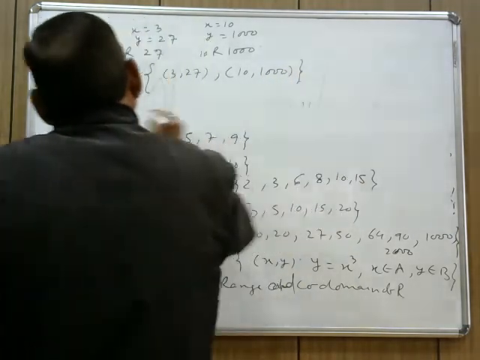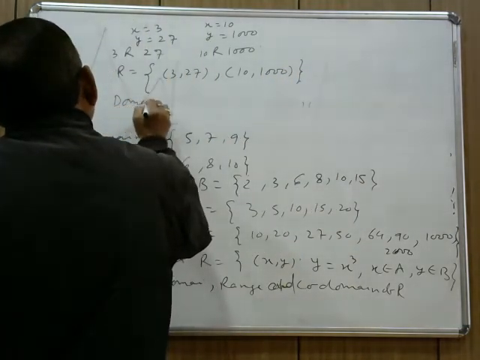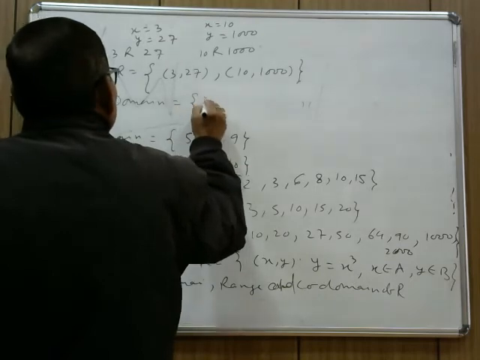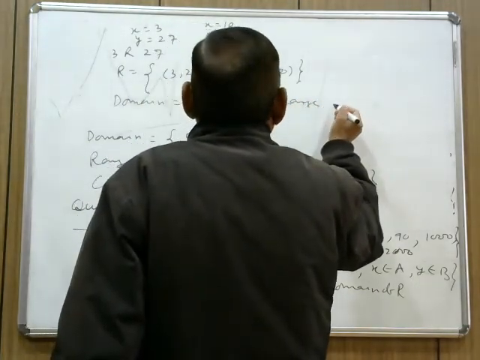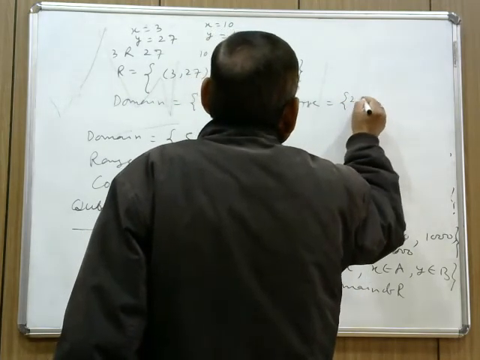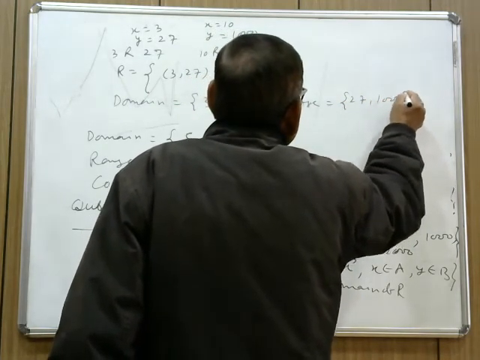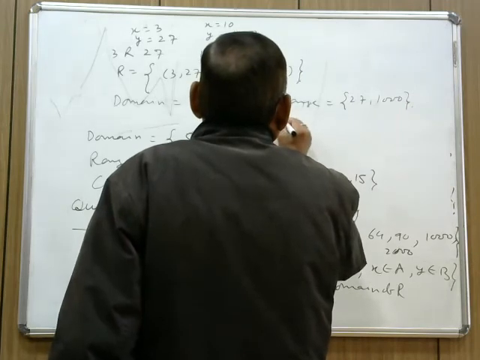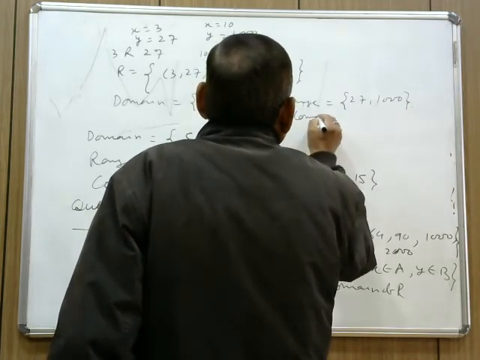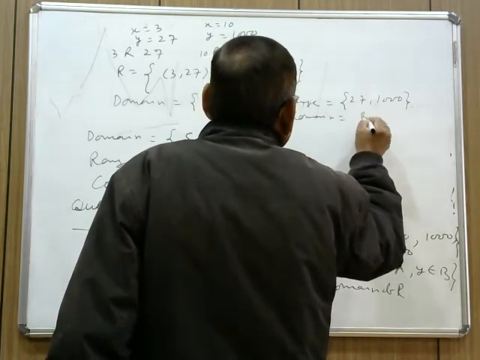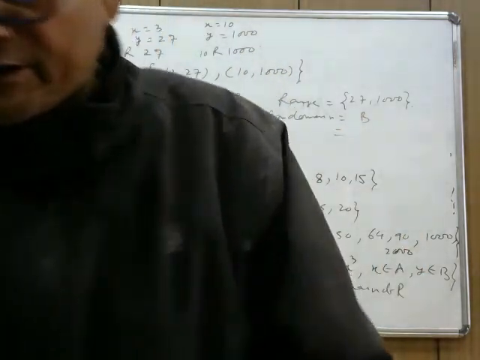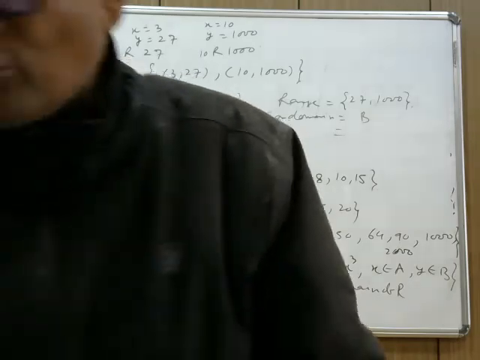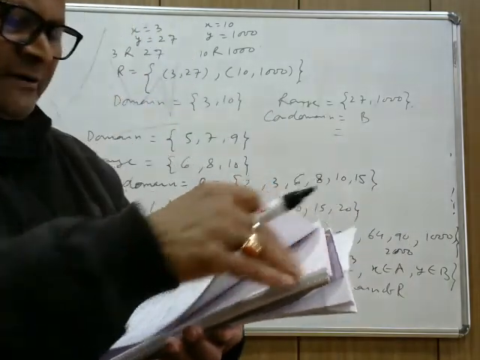In this way, your domain is {3, 10}, range is {27, 1000}, and codomain is the set B. You can write your set B at this place. So in this way, you are finding the domain, codomain and range of the relation.